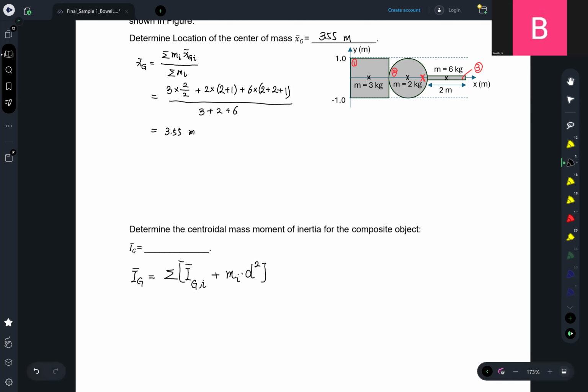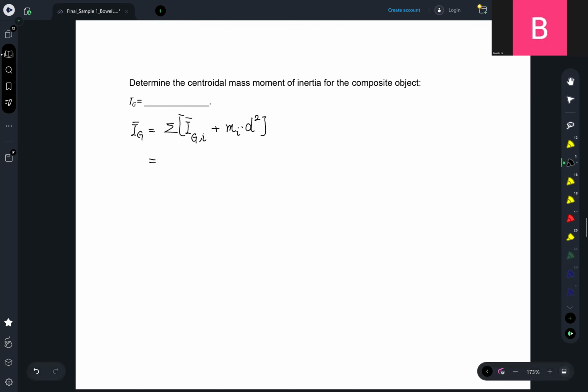Okay. Now for part 1, the square here. So the central mass moment of inertia equals, okay, that information is in our appendix.